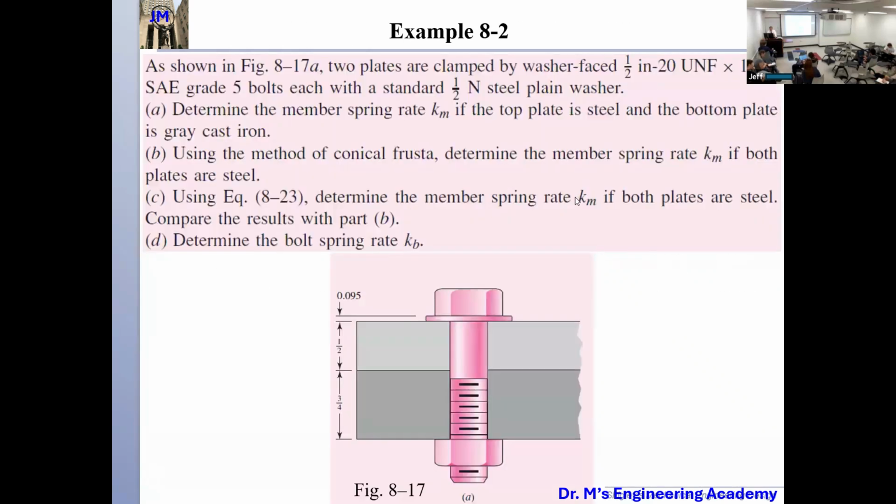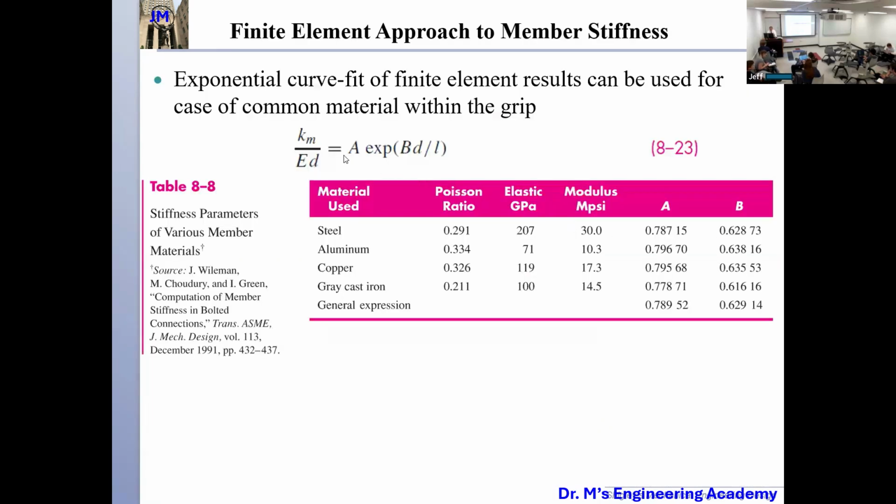If we have steel here, we can get A and B. A and B are given, and we determine d, L, and Ed. So using this equation, we can empirically get this Km. How close it is, how accurate it is, we compare this one with our analytical solution.